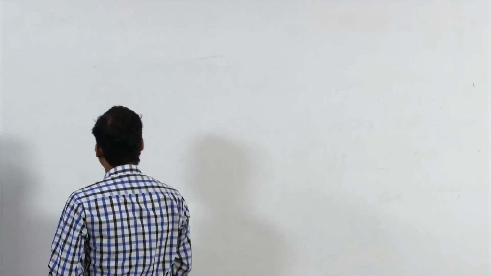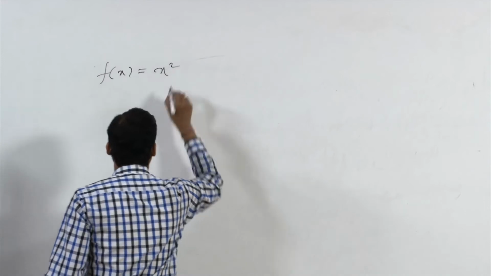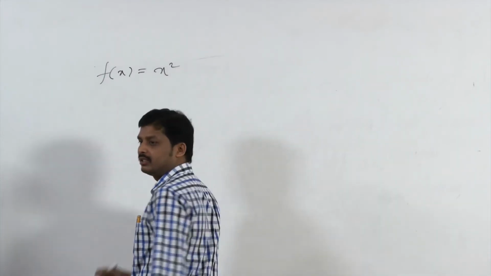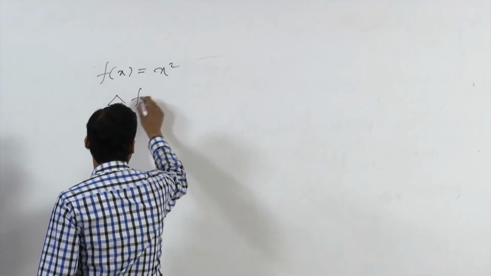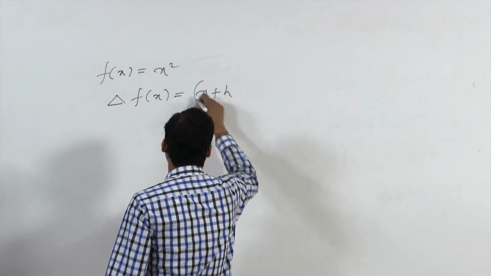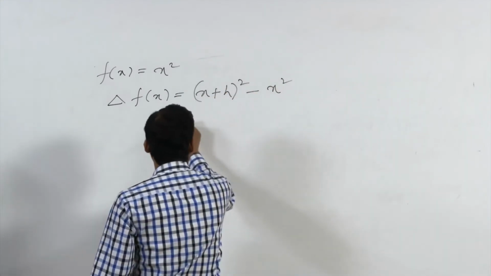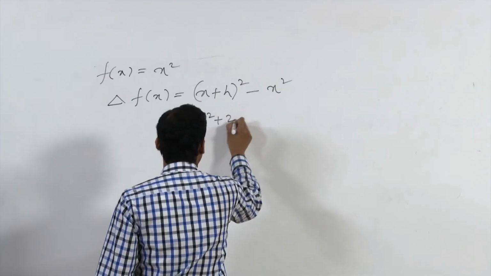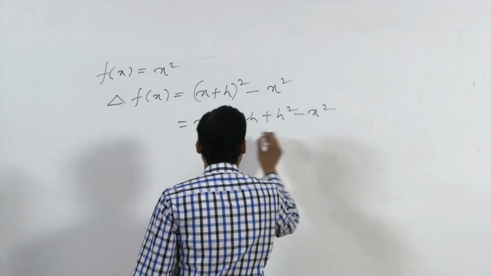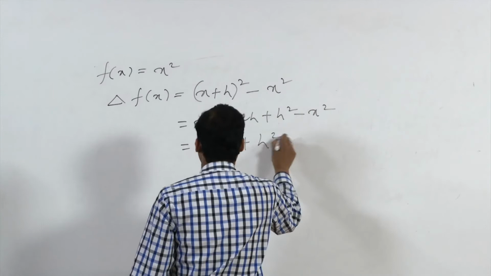So, with f of x equals x square, delta of f of x can be written as x plus h whole square minus x square. I can write this as x square plus 2xh plus h square minus x square, which is 2xh plus h square.